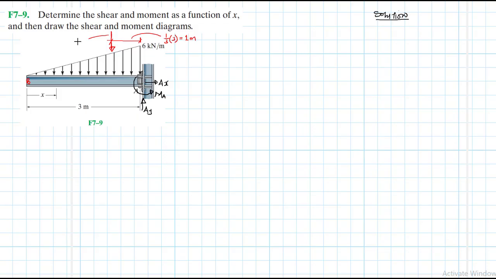And this one, let's call it F equivalent, which is just equal to the area under the load diagram. So half by the length 3 by the maximum peak, which is 6, and therefore this gives us a 9.